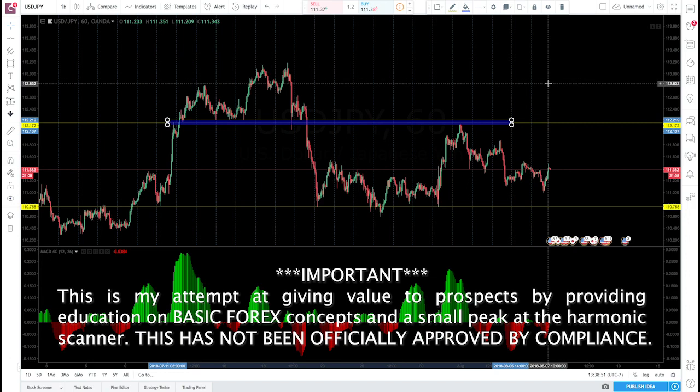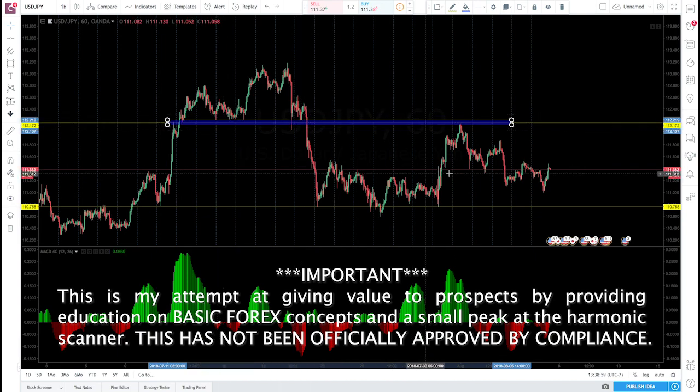Now, it's the same thing with price. Price can have an area that represents a floor right here, floor, floor, floor. But over here, it could be a ceiling, a place where price went up to and hit, right? Same thing with this area right here. It's a floor, it's a floor, it's a floor. And over here, it's a ceiling, all right?